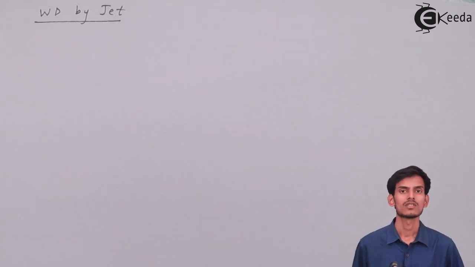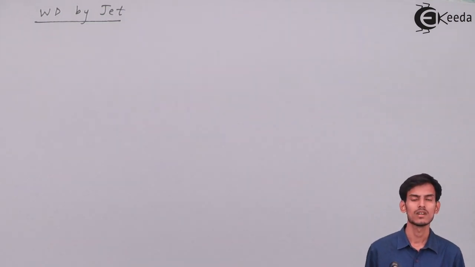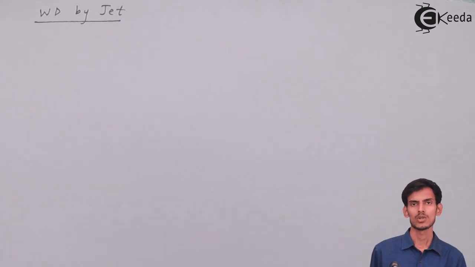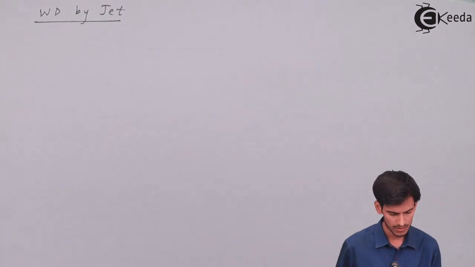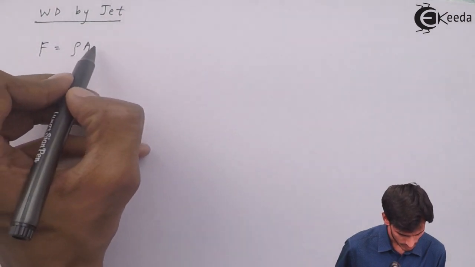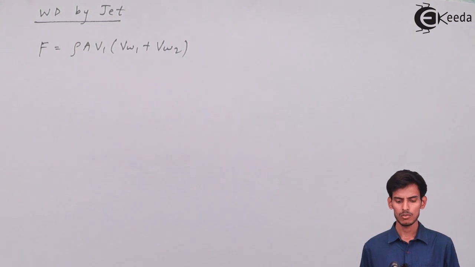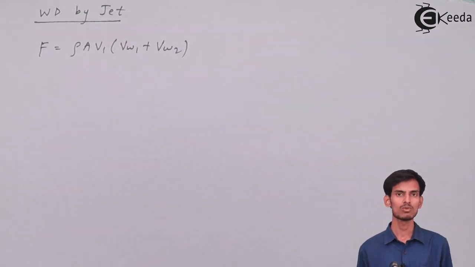The formula remains the same for the force exerted as we saw for Pelton wheel, as we saw in impact of jets. The force exerted by a jet of water onto a wheel is given by this, a very basic formula that we've already seen throughout this subject.